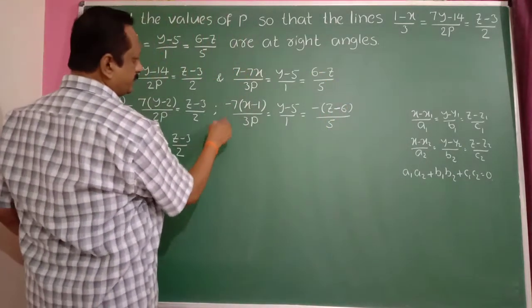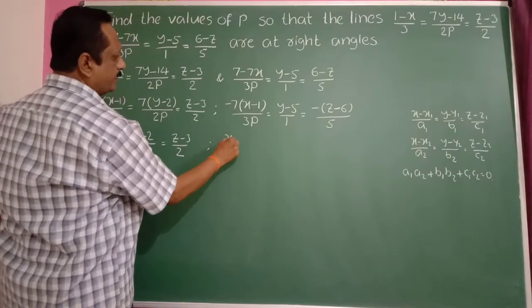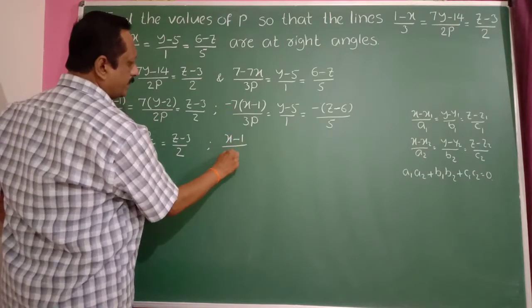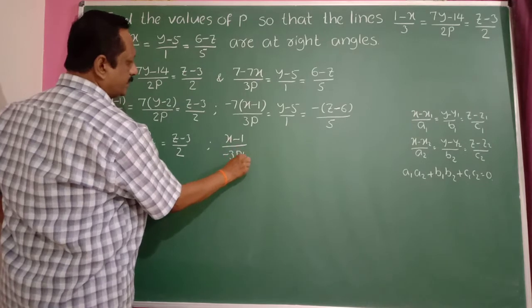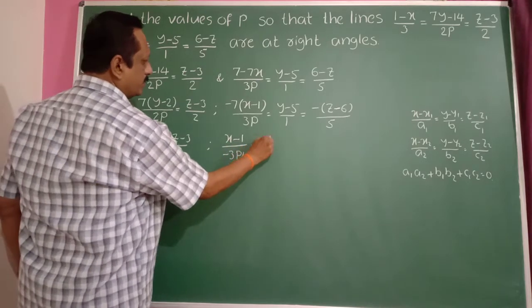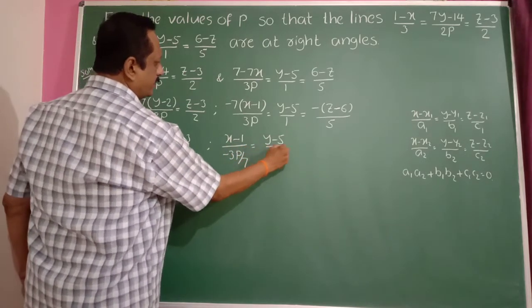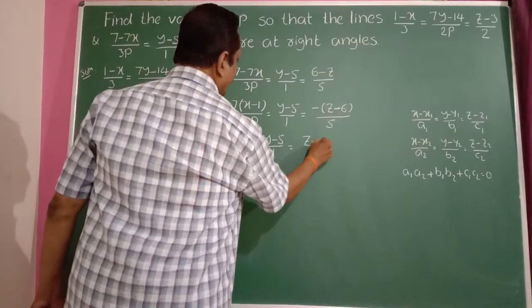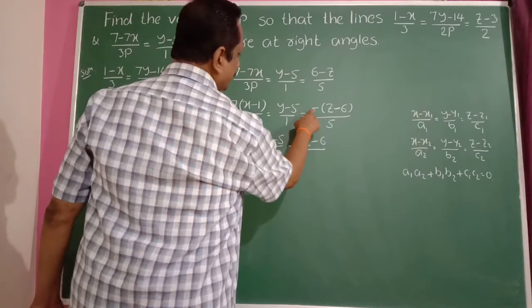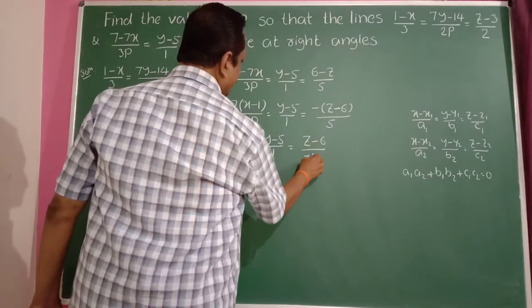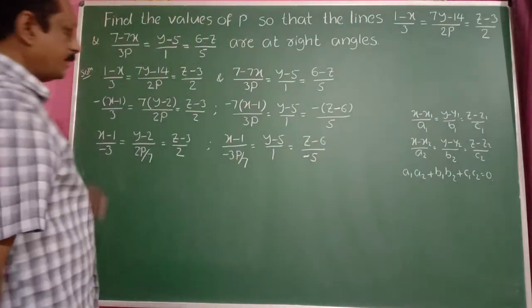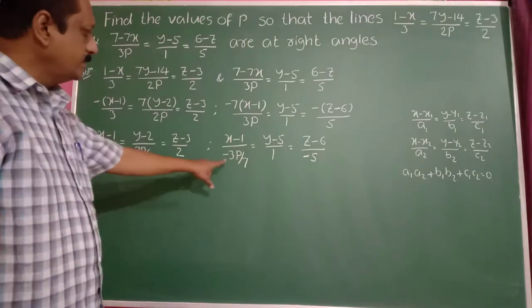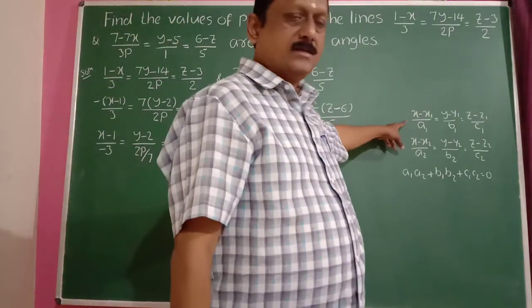Then take this minus 7 to the denominator. x minus 1 divided by minus 3p divided by 7 is equal to y minus 5 divided by 1 is equal to z minus 6 divided by, taking this minus to the denominator, it becomes minus 5. Then compare these with the standard equations.